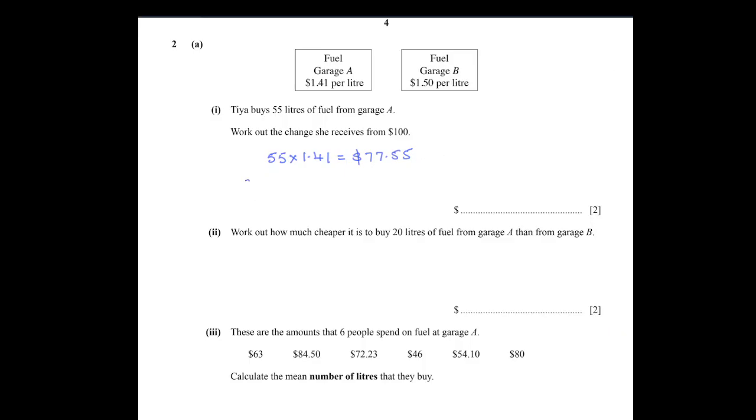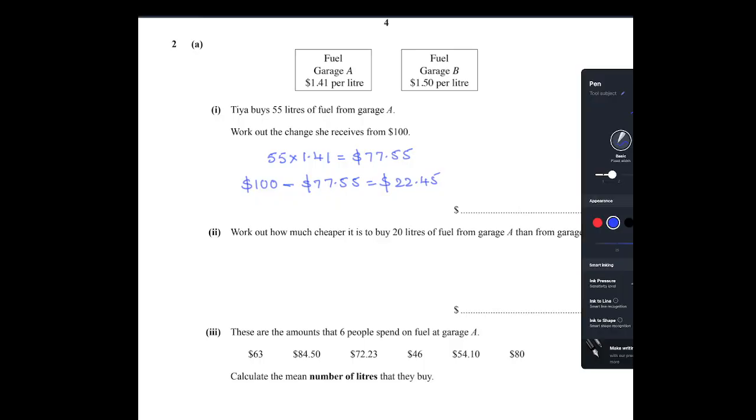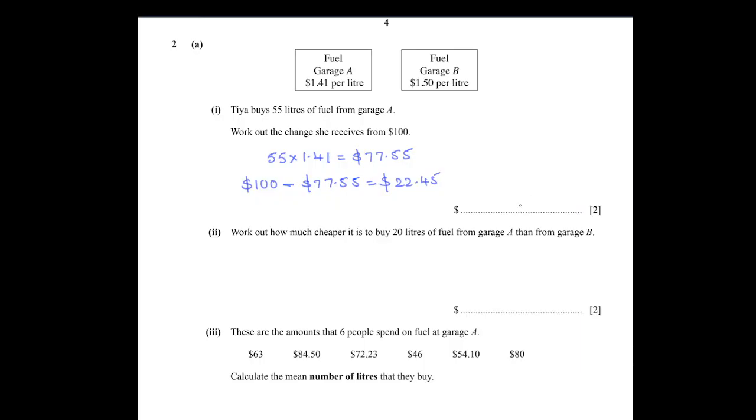So 100 minus 77.55 is 22.45. This is the answer. Question number 1 is done.